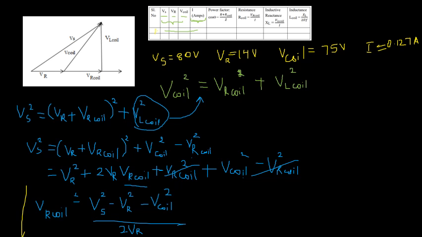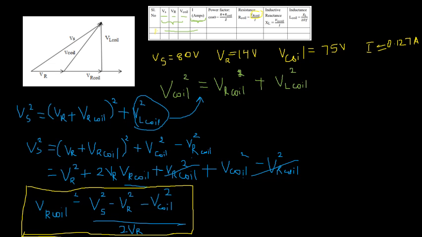So this is the expression to calculate the value of the resistive coil voltage. You have a resistive component present in a coil whose voltage can be calculated using this equation. That gives me the value of VR coil.